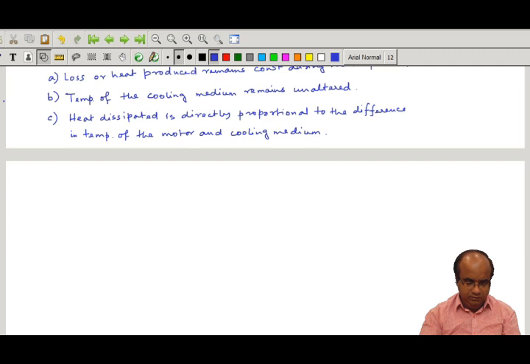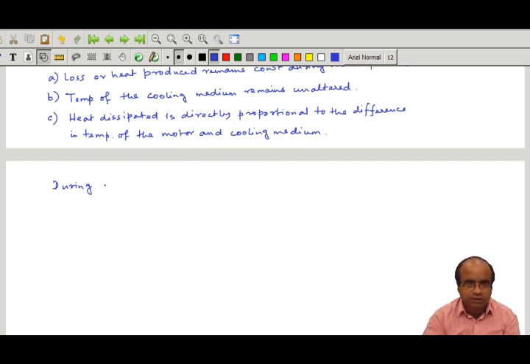Then, considering an incremental heat is produced during an incremental time dt.